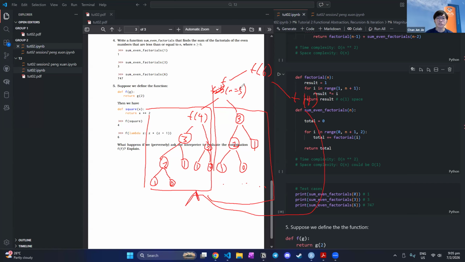So each time n increases by 1, the time taken doubles. From this tree structure, you can see that the number of steps will roughly double.